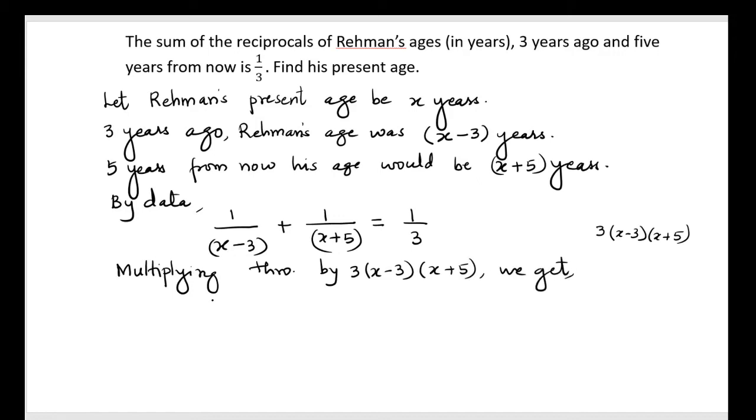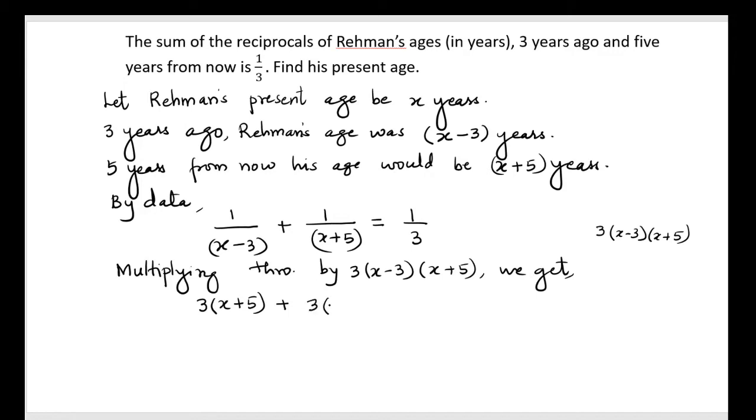As you multiply by 3 into x minus 3 into x plus 5 throughout, firstly the bracket x minus 3 here and this x minus 3 will be striked off. So on multiplying with the first term, you will have 3 into x plus 5, plus again when you multiply the second term with 3 into x minus 3 into x plus 5, x plus 5 will get cancelled off.